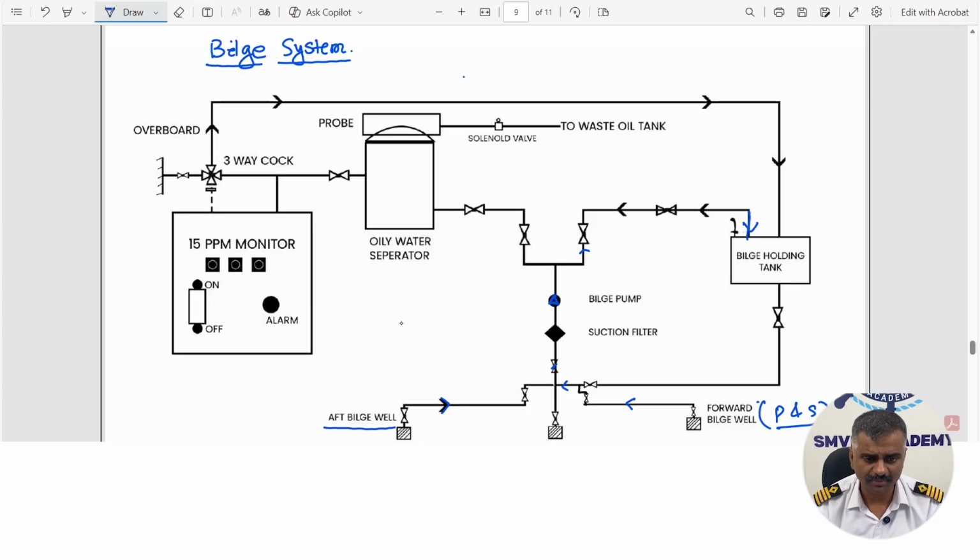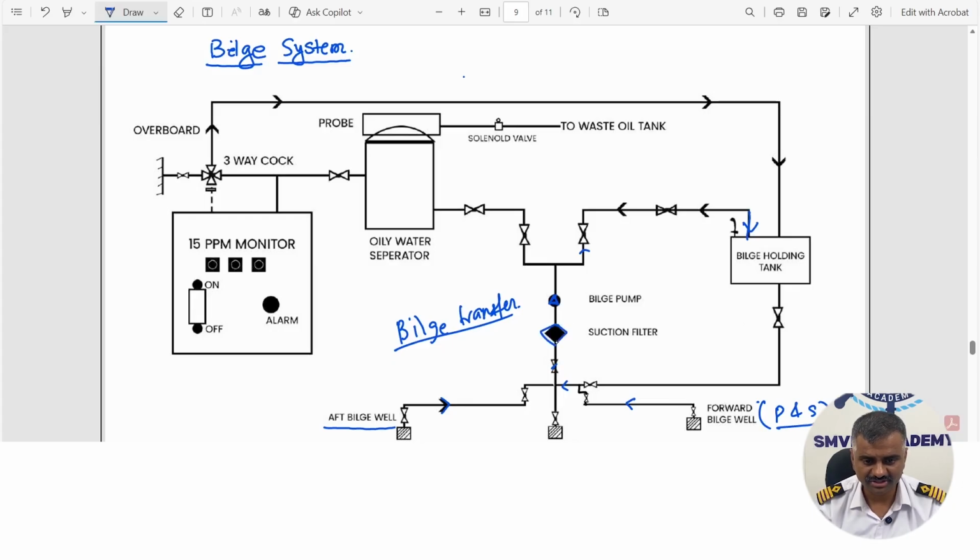What is this activity called? It is called the bilge transfer. So one action you can do from this pipeline is the bilge transfer from the bilge wells to the bilge holding tank via the suction filter.